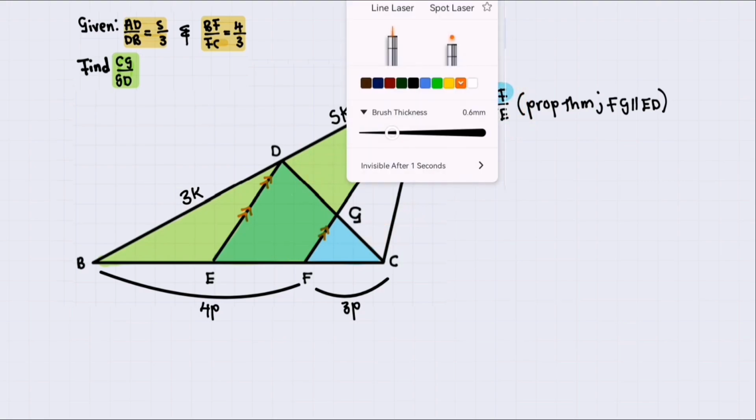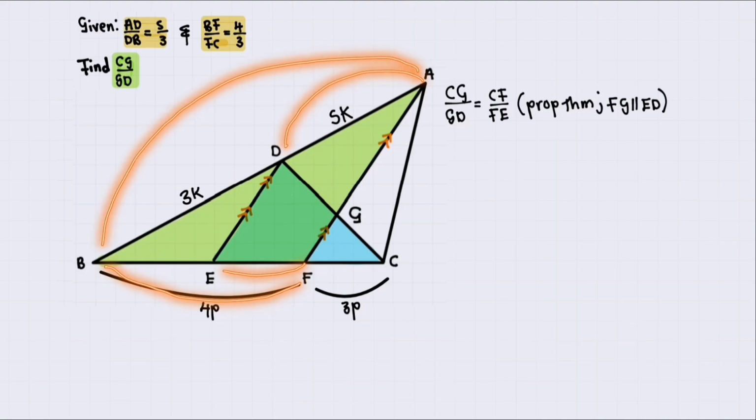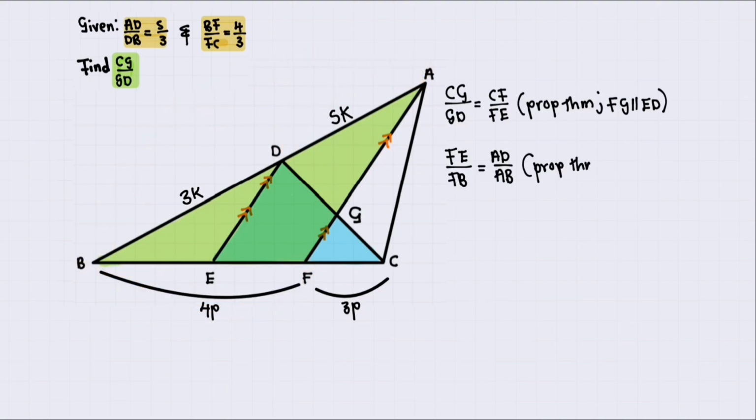Now you have to find this FE also in terms of P. So you have to find this portion in terms of P. So you're going to say, well, I know that FE over FB is the same as AD over AB, right? And of course, that's your proportionality theorem. And in this case, you also have to mention parallel lines. In this case, DE is parallel to AF, right?